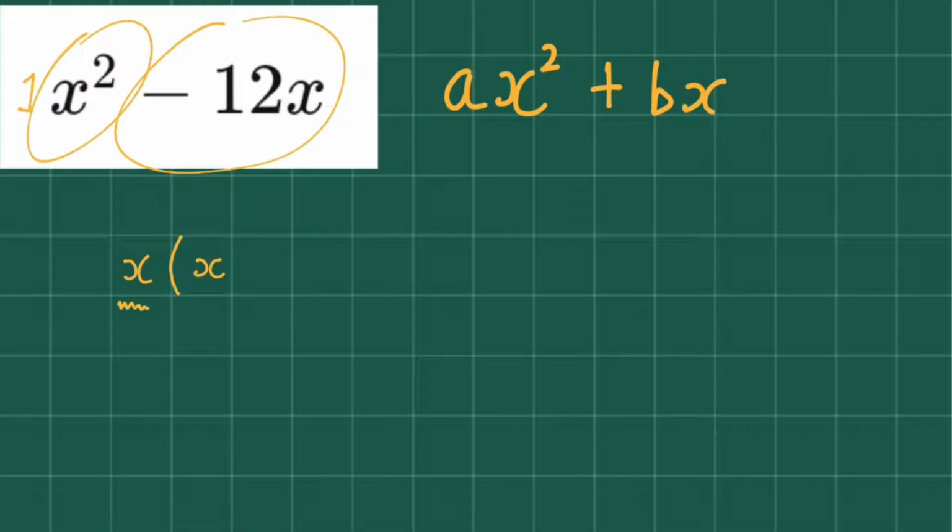So negative 12x divided by x is just negative 12. Now I have gone through every term. I've basically divided every term by what I took out. What's left in the bracket is the result of that division. If I test that by multiplying each term inside, I get x squared minus 12x, which is proof that what I did was correct, because if I undo that and go the other way, I get back to my question.